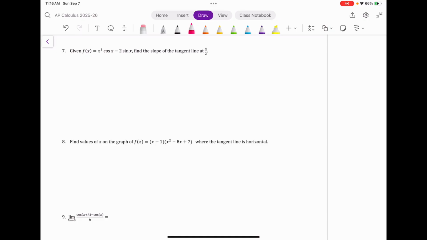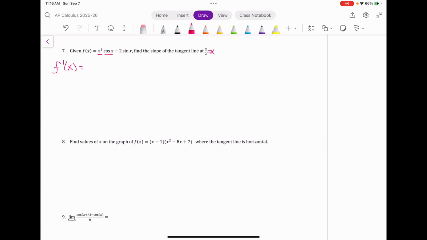Okay, we're going to revisit using the product rule and finding slopes of tangent lines. So number 7, given this function, find the slope of the tangent line at pi over 2. Okay, so that implies that's at x equals pi over 2. So we want to find the derivative in order to find the slope of the tangent line. For this first term, we have to apply the product rule.